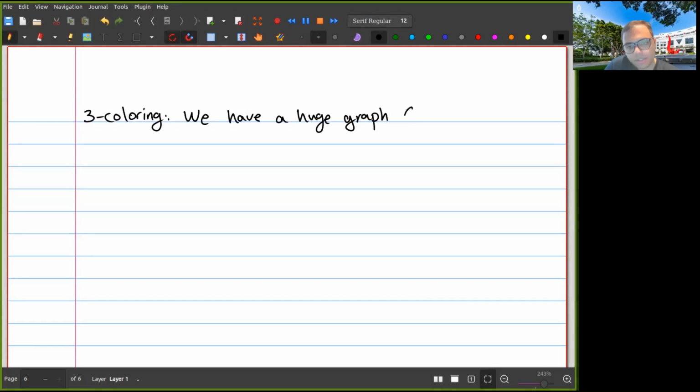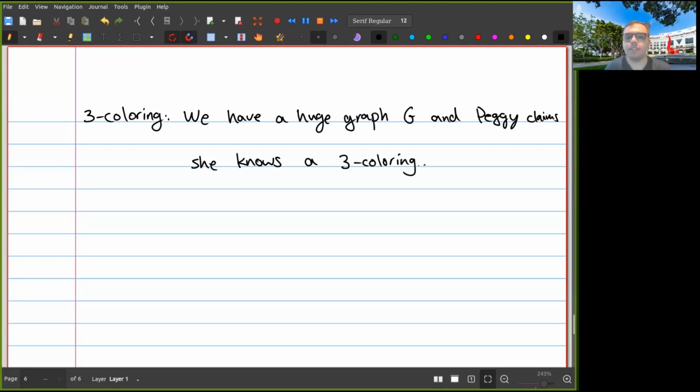And let's call this graph G. And let's say that Peggy claims that she knows a 3 coloring of G. So she knows a way of coloring the vertices of the graph G with 3 colors, let's say red, green, and blue, such that no 2 neighboring vertices are the same color. Okay.